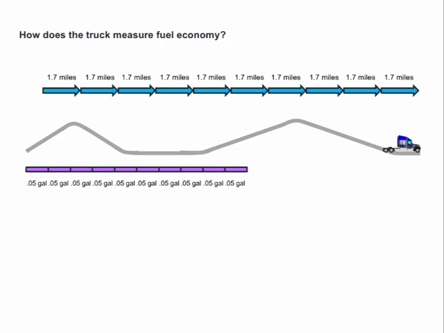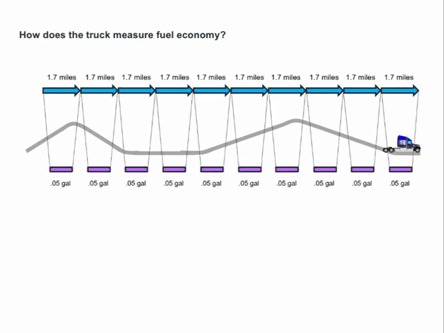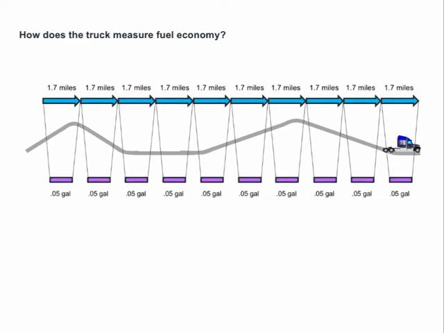Also, each distance interval has an amount of change in distance, in this case 1.7 miles. Now let's think about how these intervals correspond to the distance intervals. As before, these black lines indicate how each distance interval corresponds to a fuel interval. The key feature here is that the size of each distance interval is always the same, no matter which 1/20th of a gallon fuel interval you are looking at.